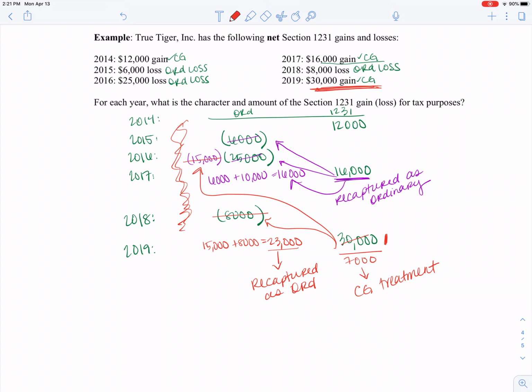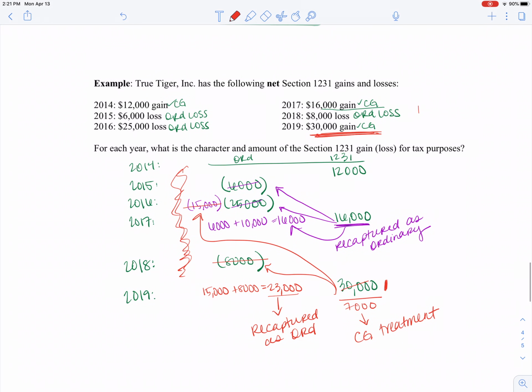So is a 1231 asset a good thing or a bad thing? It's a good thing for reasons that we said above, that you normally get ordinary loss treatment on losses and capital gain treatment on gains. That's the best of both worlds.